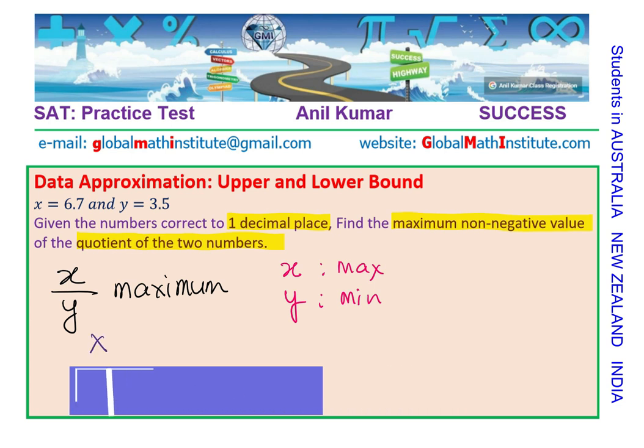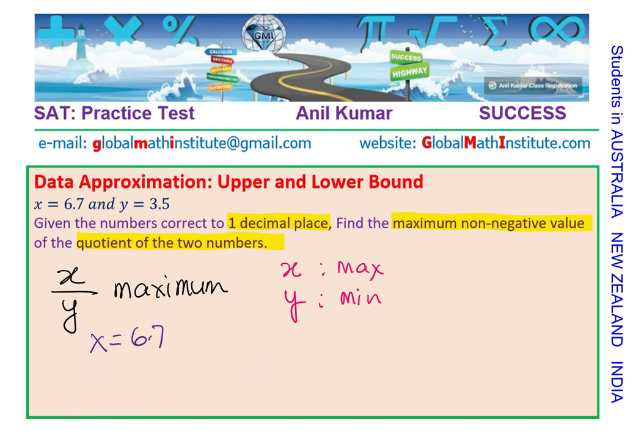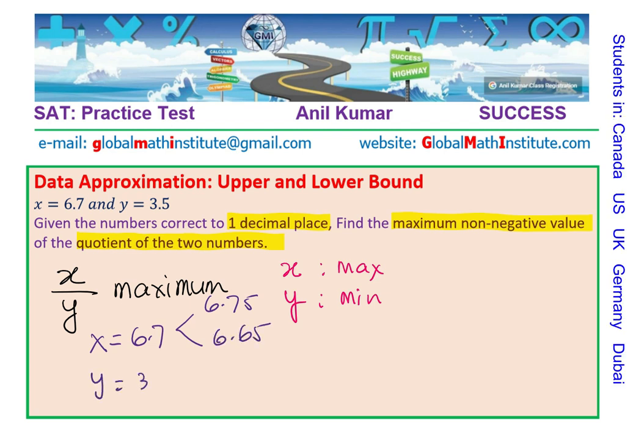The x value is 6.7. It could be 6.75 or it could be 6.65. The y value, which is 3.5, could be 3.55 or 3.45.